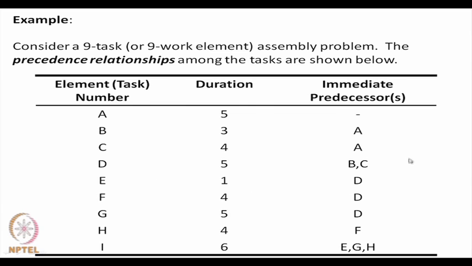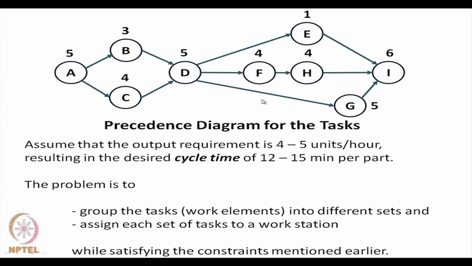Normally, this is shown in the form of a diagram. Here you see that once A is finished, B and C can start, and when both B and C are complete, D can start.